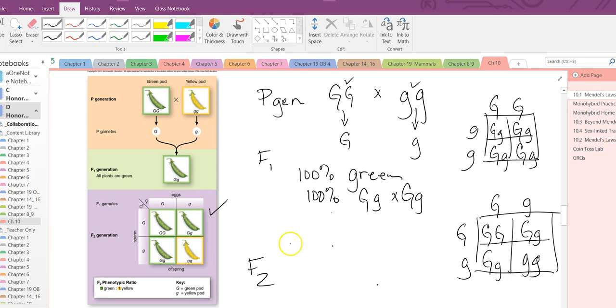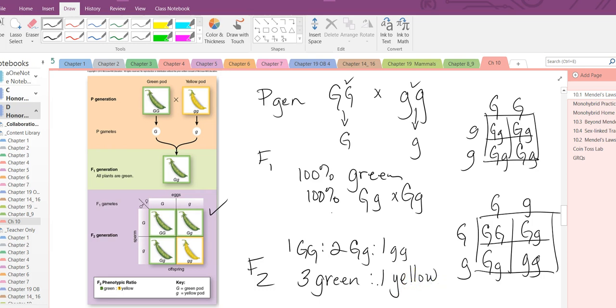Interesting. So now we've got 1 big G big G, to 2 big G, little g's, to 1 little g, little g. And if I want to look at what they look like, this one will be green, so will these. I'll have 3 green to 1 yellow.